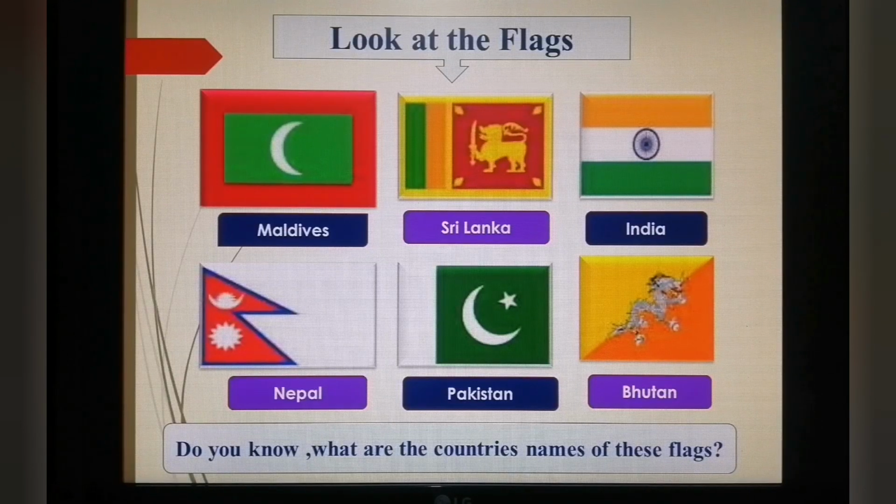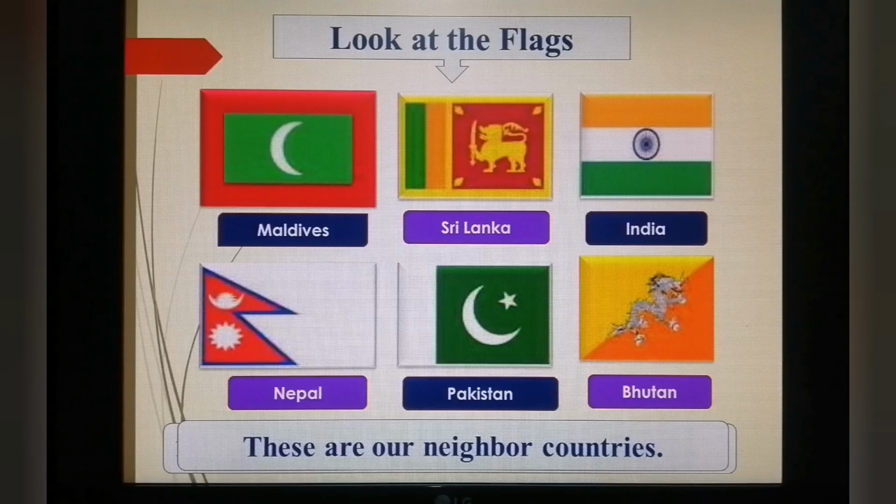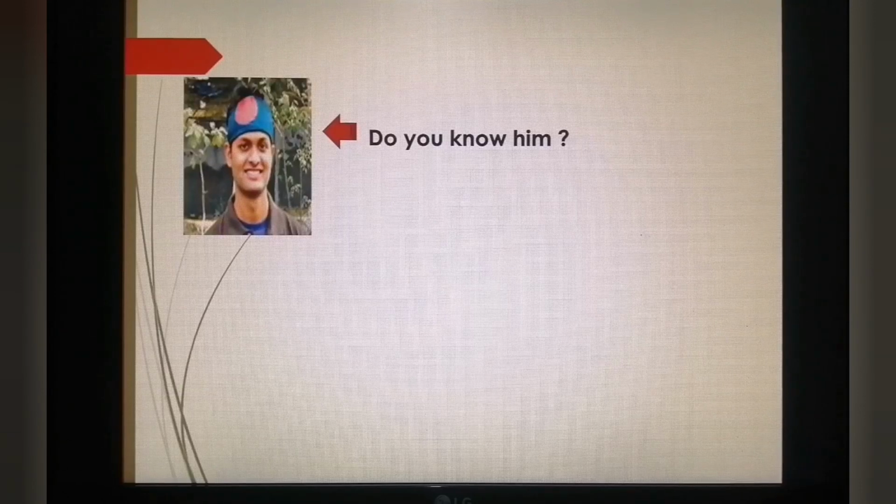Let's move on to the next slides. These are our neighbor countries. Students, do you see a picture on the screen? He put a flag of our country on his head. Do you know him?